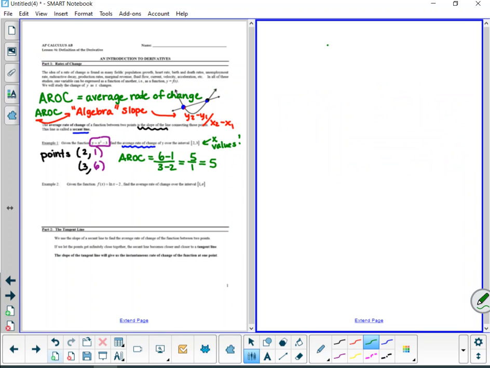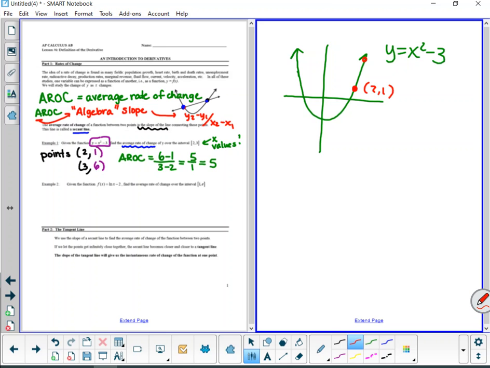Okay, so what we just did is, this parabola we were talking about, x squared minus 3, if I'm at the point (2, 1) and then I'm at the point (3, 6), when I connect those two points, the slope of that line is 5.